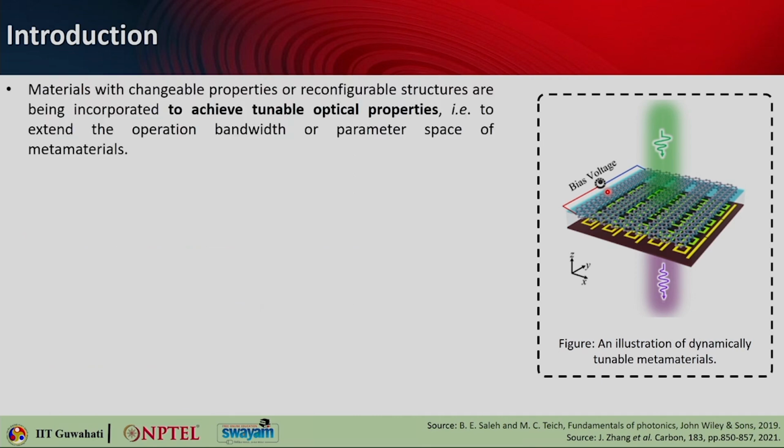So we are looking for materials which have changeable properties, or reconfigurable structures where you can mechanically change some structure. When I say mechanically, these are basically MEMS kind of arrangements, microelectromechanical systems, or NEMS kind of arrangements. There you can achieve tuning of the optical properties of these metamaterials.